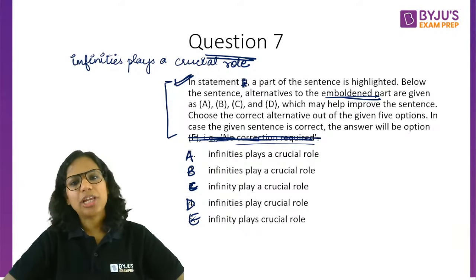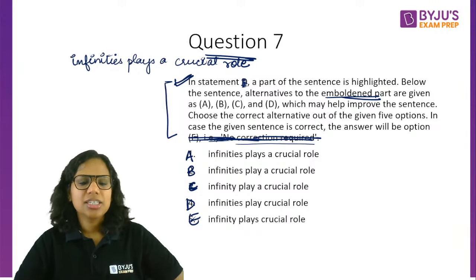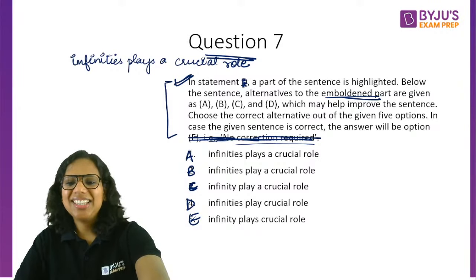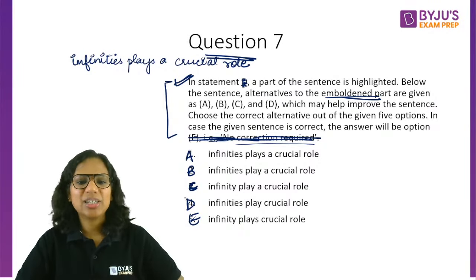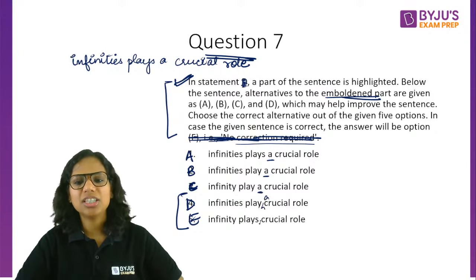So again, you have to eliminate here after spotting the differences. See, D and E can be very easily eliminated because the article "a" is missing. Is missing in them, isn't it? Play crucial role, plays crucial role. We need the article, right? Eliminated.